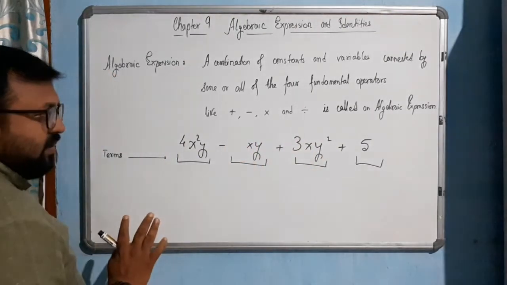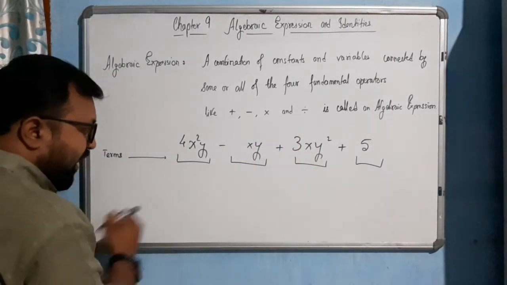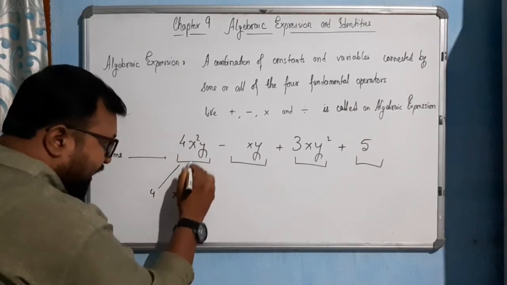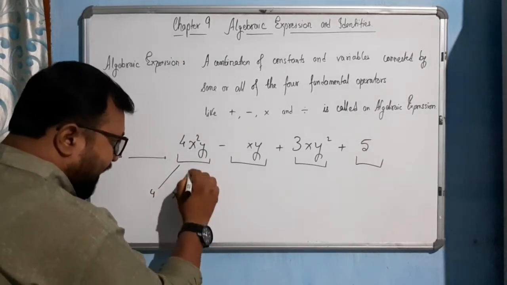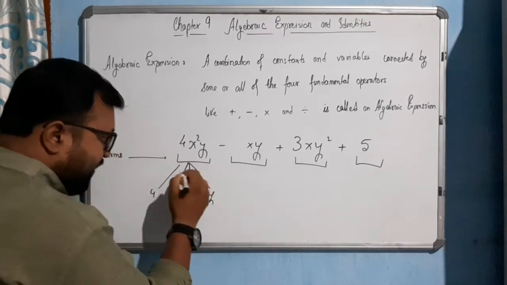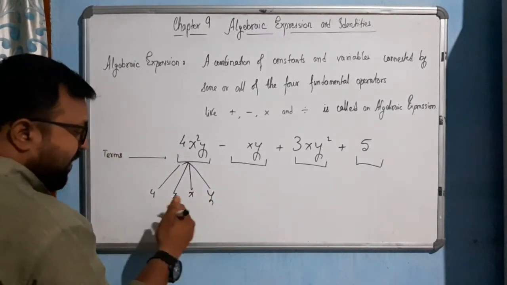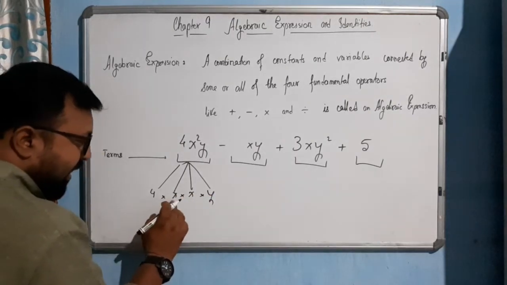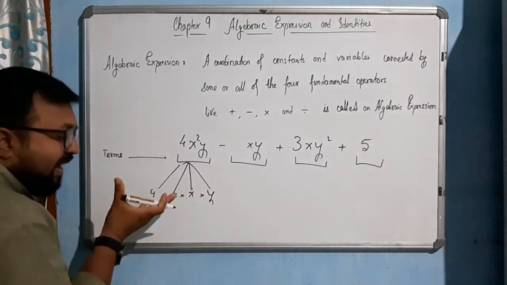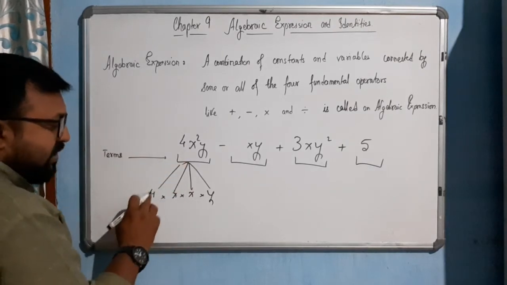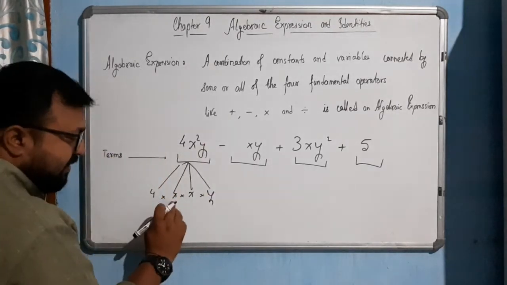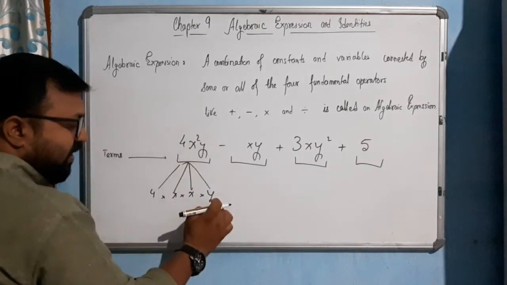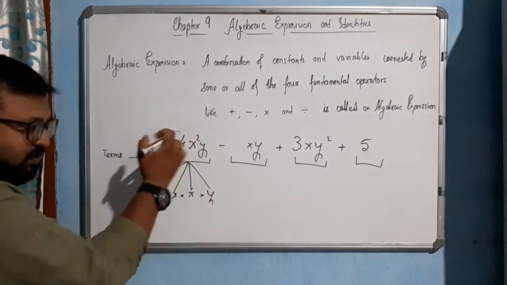If I write 4x square y, here 4, x, y are all separated by multiplication. These 4, x, y are the factors of this term. 4 is a factor of 4x square y, x is a factor of this expression, and y is also a factor of this expression.